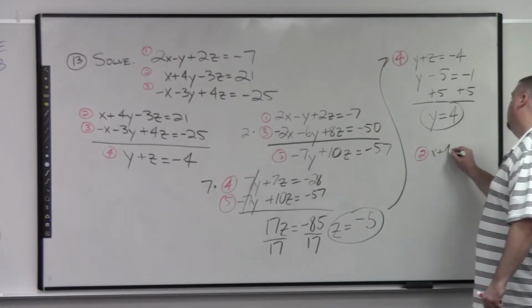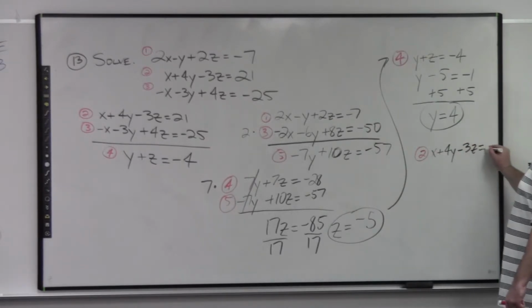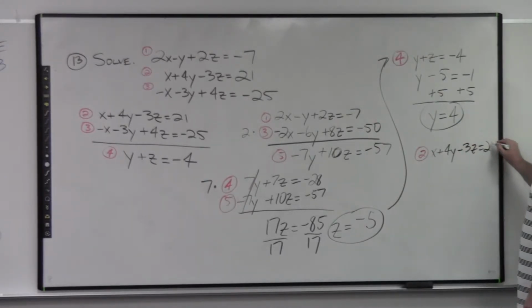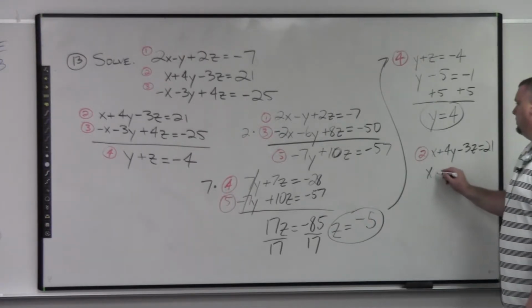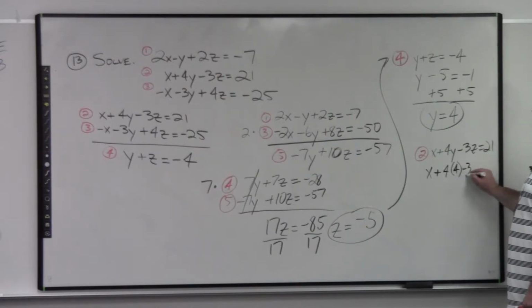X plus 4y minus 3z equals 21. Let's plug in the values that we already know. We don't know what x is, that's what we're looking for. Y we just found, that was 4. Z we found earlier, that was -5.